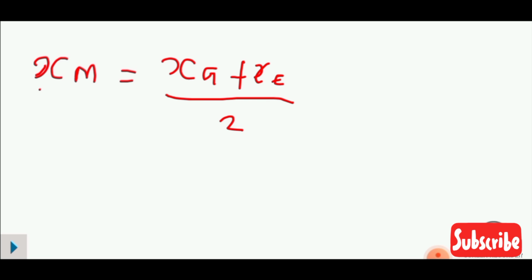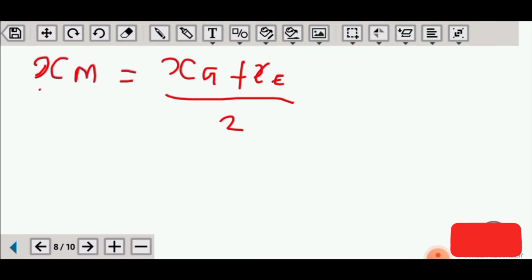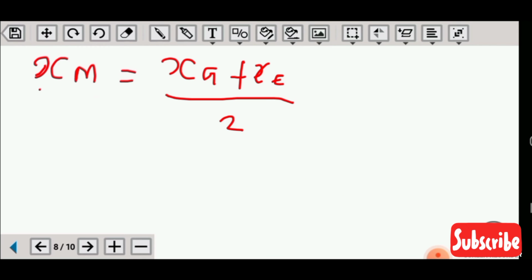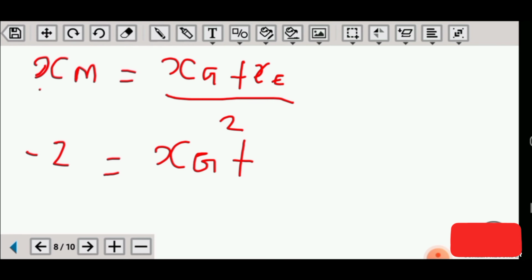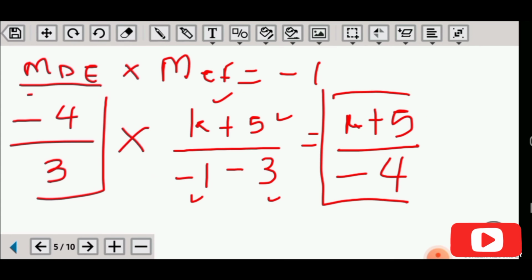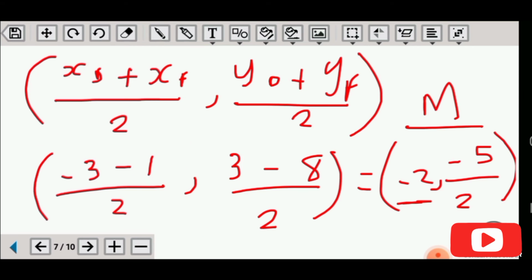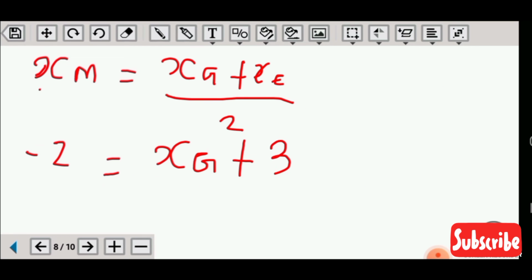So the x of our midpoint, as we see here, is -2. So we're going to say -2, and this is the one that we're looking for, so it's an unknown, plus the x of E, which is, let's go find the x of E. So x of E is 3. So let's substitute that into the formula. It's going to be plus 3, all divided by 2.